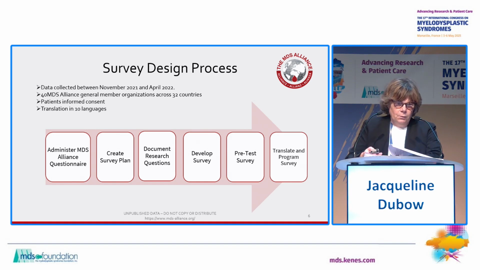So the way it was done, it was administering the questionnaire. We created the survey plan. We worked on the research question. We developed the survey. We pre-tested the survey, and the survey was translated in 10 languages.